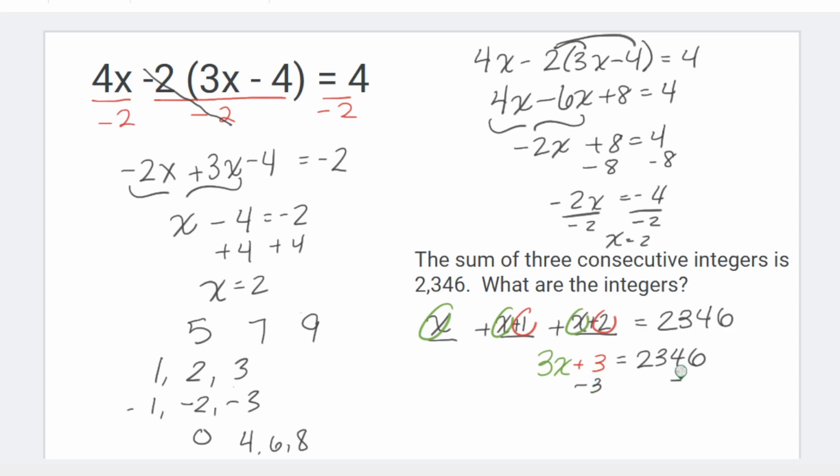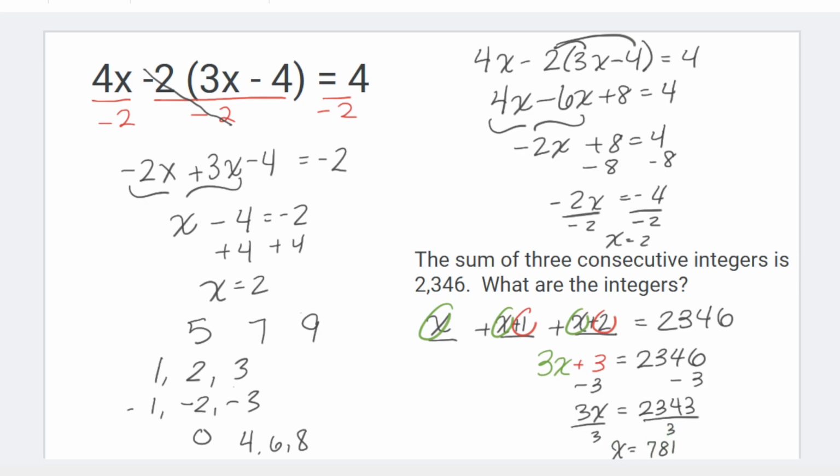The inverse of addition is subtraction. And then I would divide by 3. Did I make a mistake? I feel like I made a mistake. 2343 divided by 3. Oh, no, I'm good. So I got x equals 781.